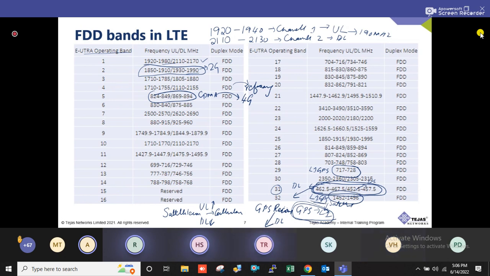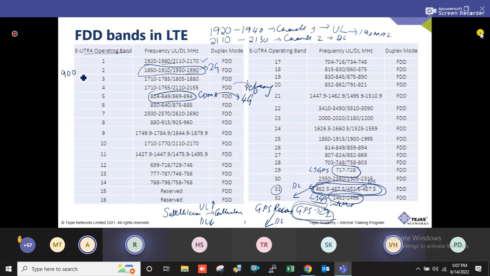So the same 2G band is allocated for 4G, will it not interfere with the 2G signal? Okay, see, for this we need to understand the sort of auction which took place.